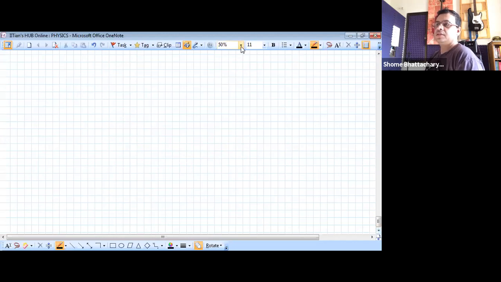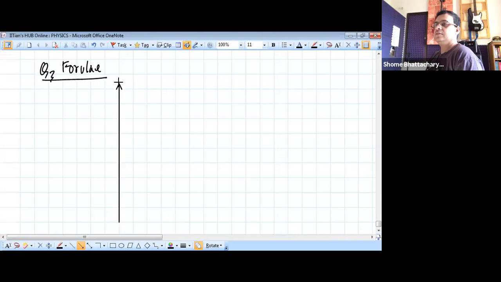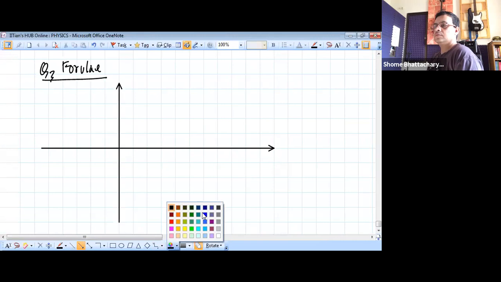Now, similarly, let us look at the next quadrant. So, quadrant 3 formula. So, if our vector is making an angle which is greater than 180 but less than 270 degrees with the x-axis, then it will lie in the third quadrant. Okay, so physically, this is that situation.